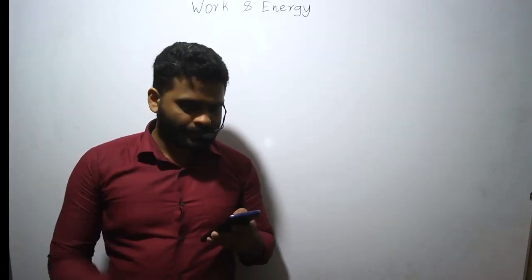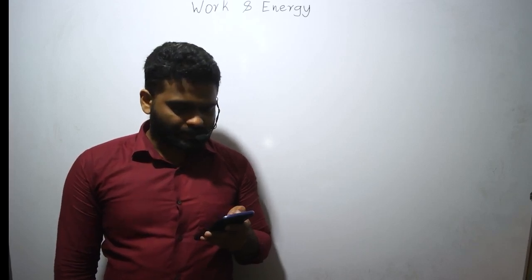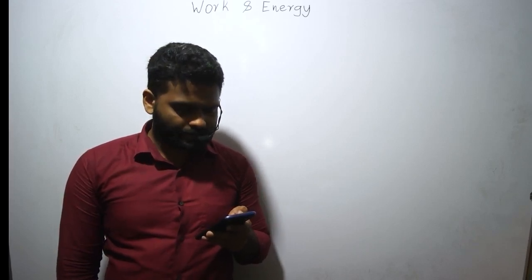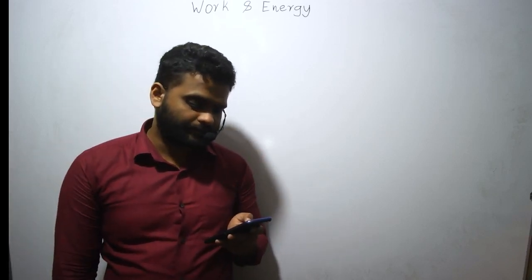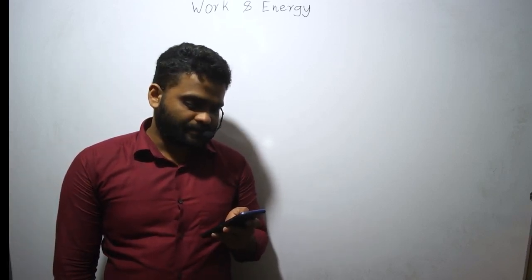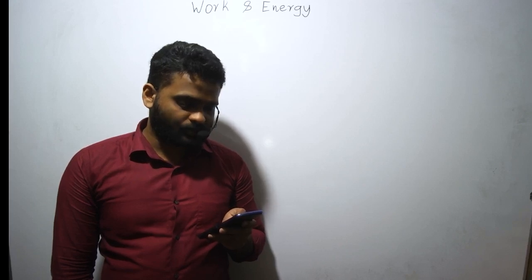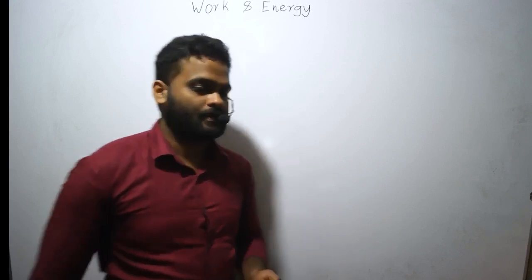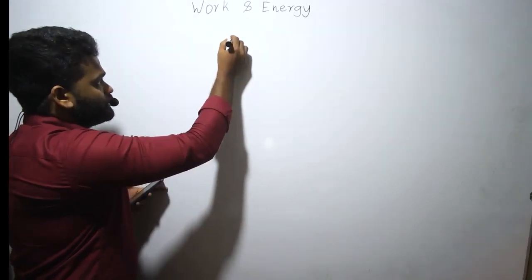Right. 14. Simple pendulum with length L is held so it makes an angle theta with the vertical. When it is released, the speed it gains at the bottom of its motion is. Okay, so this also is a typical question.